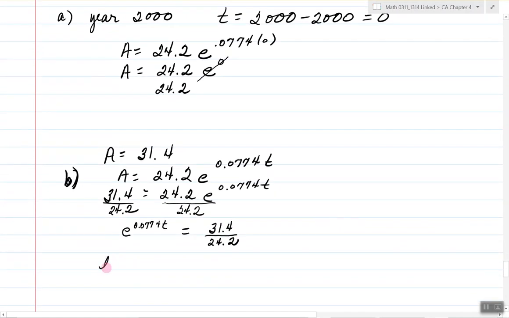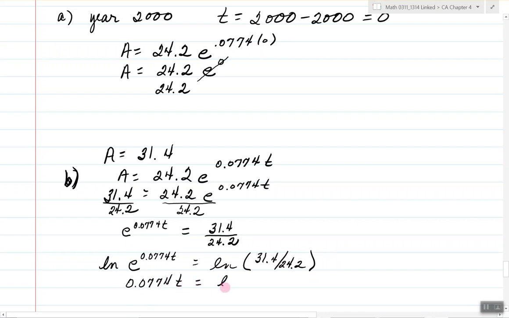I'm going to take the natural logarithm of both sides. ln of e to the 0.0774 t is equal to the ln of this fraction, 31.4 divided by 24.2. I'm taking a natural log of e. That's going to give me 0.0774 t is equal to this natural log, 31.4 divided by 24.2.